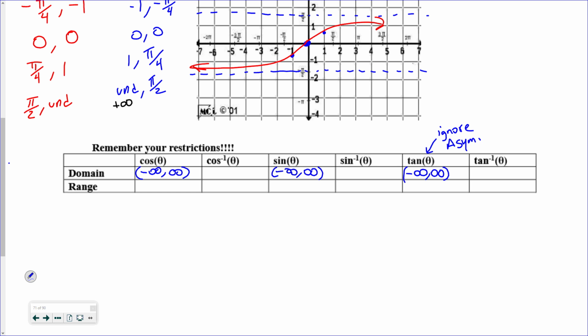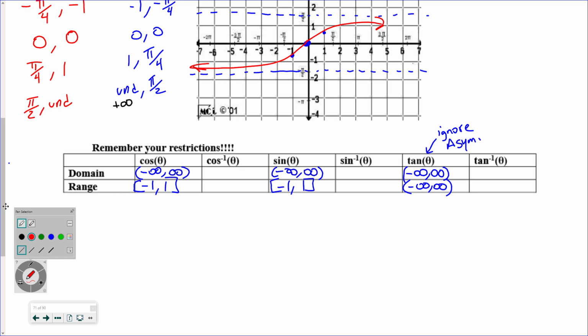But they all had a range that was a little bit different. The cosine had a range from -1 to 1, bracketed. We have -1 to 1 for sine. And tangent actually had a special one. It had from negative infinity to positive infinity as well. So it was all real numbers.